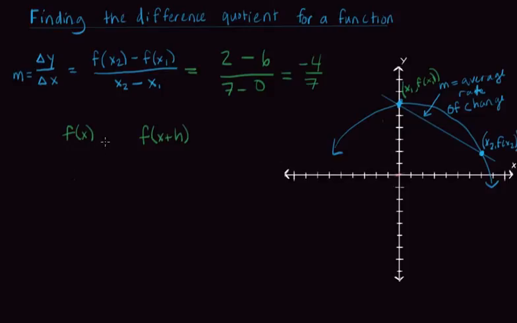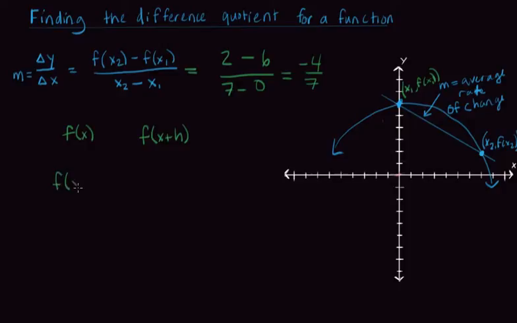Here we're looking at the difference between x2 and x1 and finding the average rate of change. The difference quotient looks at f of x and f of x plus h and finds the average rate of change between them.